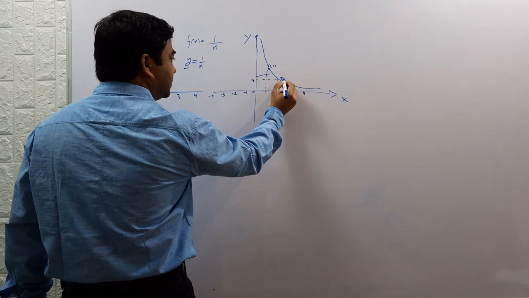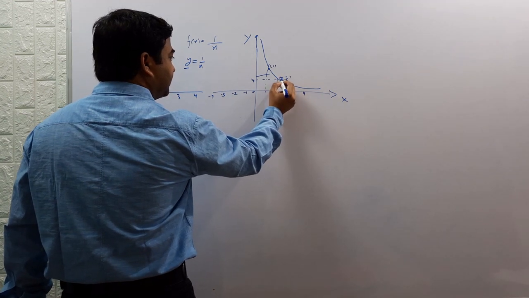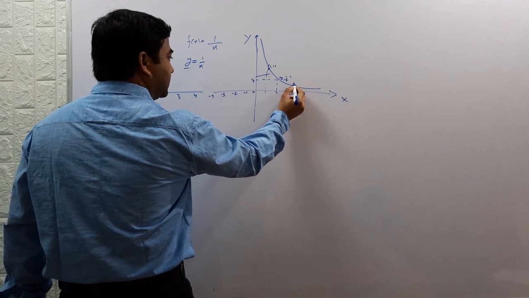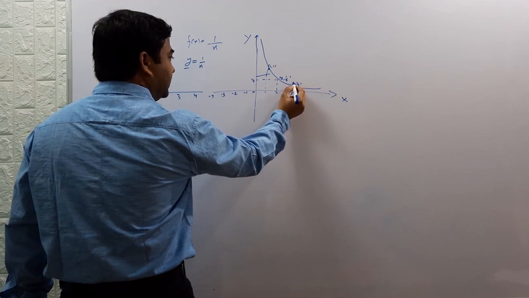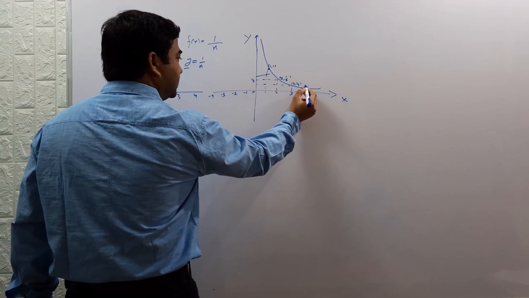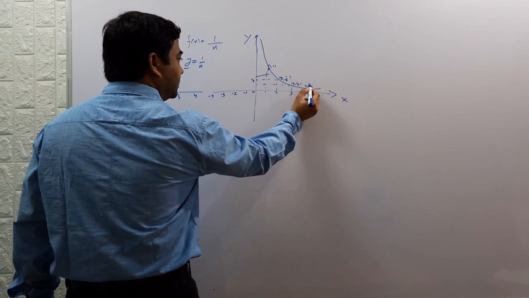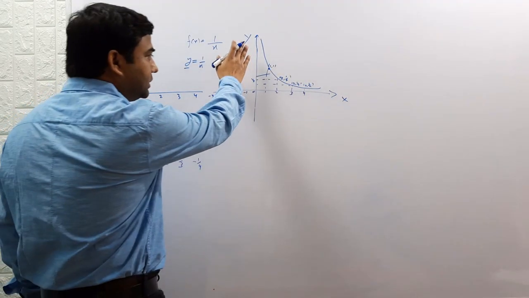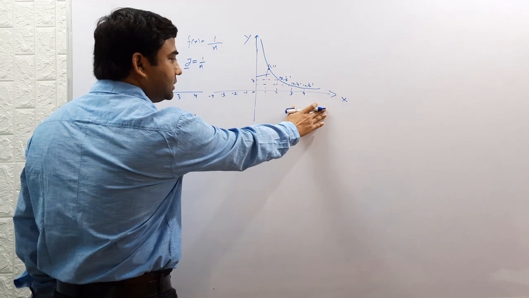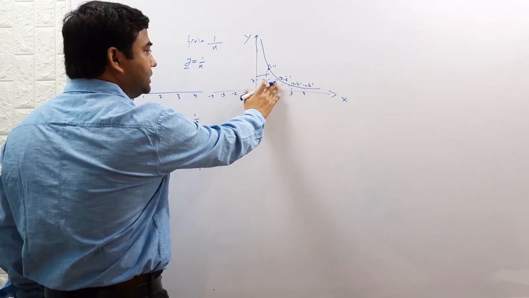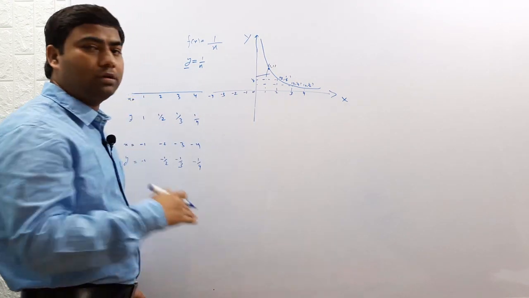So this point is (2, 1/2). Similarly 3: this point is (3, 1/3). Similarly 4: this point is (4, 1/4). So you see the value of x increasing and the value of y decreasing. Similarly, when the value of x decreases, the value of y, or the value of the function, increases.